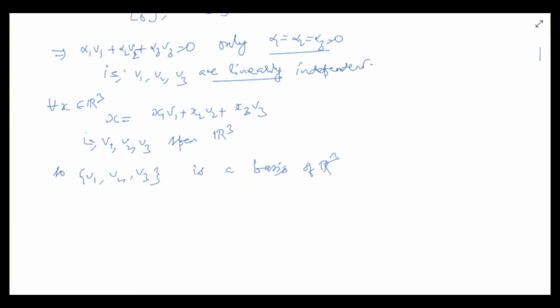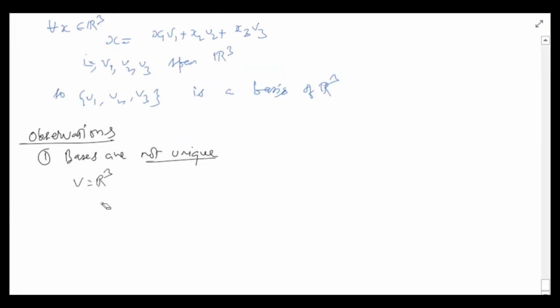We will now see a few properties of basis, so observations about basis. First property is bases are not unique. For example, consider V equals R3. We saw a basis just above, that was 1 0 0, 0 1 0 and 0 0 1.